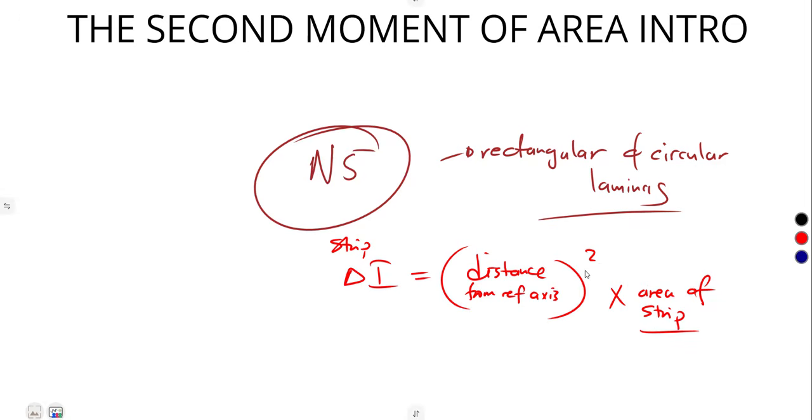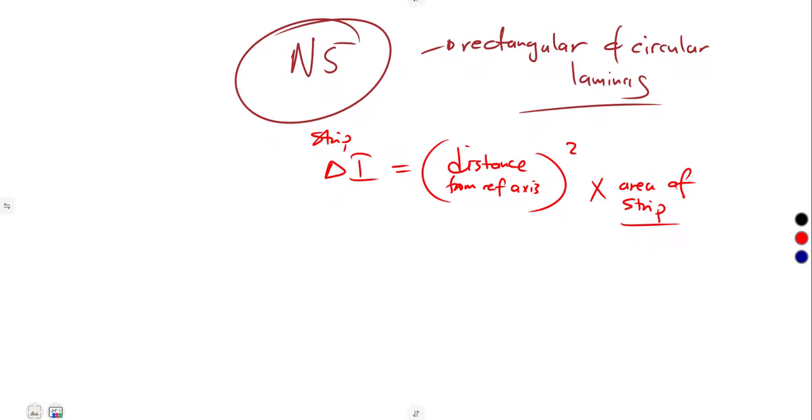This is what we had from those laminas. And now we are going to use the same concept of our calculation of the second moment of area as based from our N5, from what we had before. But this time in our N6, we are now considering that second moment of area being calculated where you are given a curve or two curves, depending on the question.